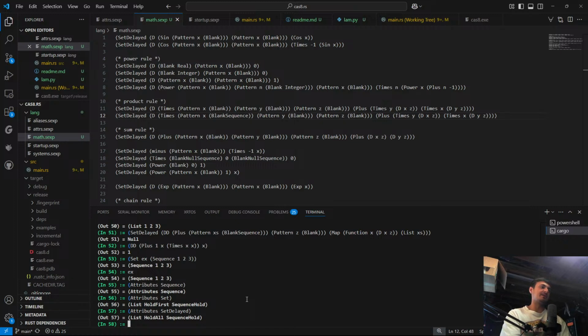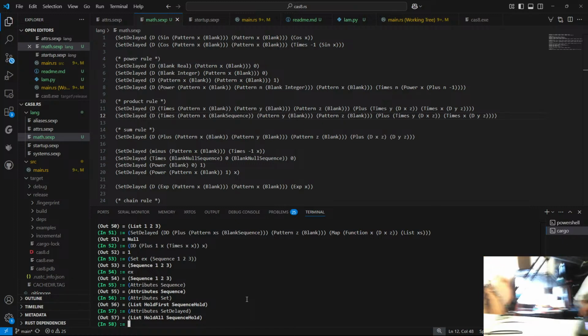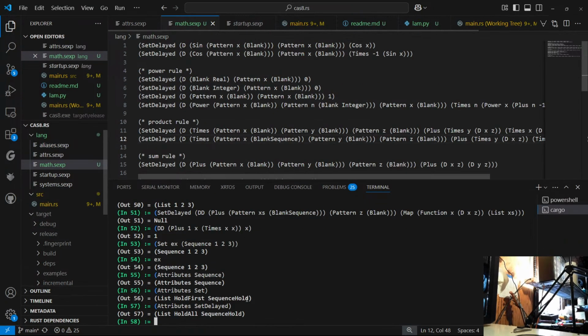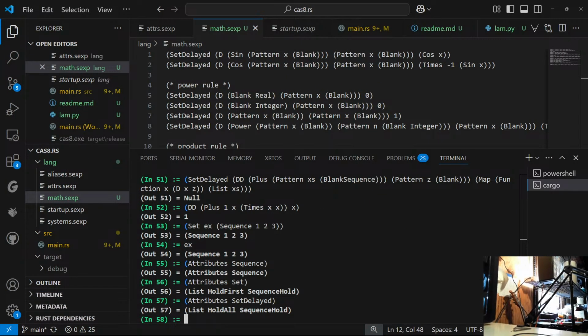So what do we need to do? We need to do a thing where we want to call the right hand side. So we want to call map function x dxz. What is z?